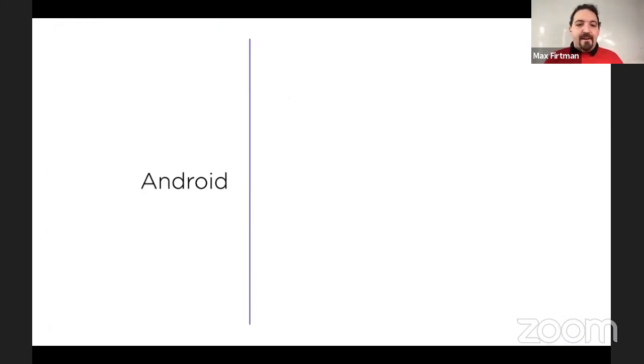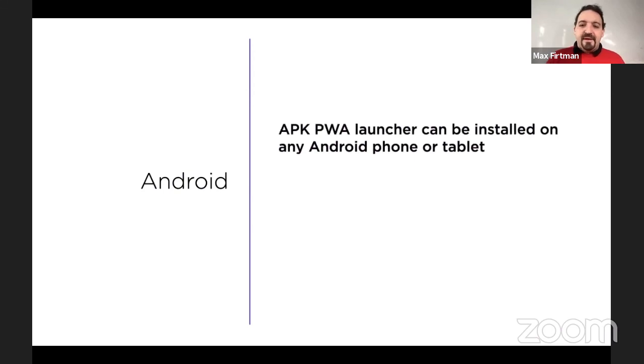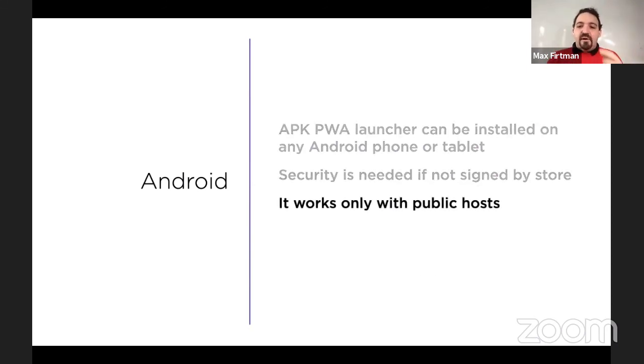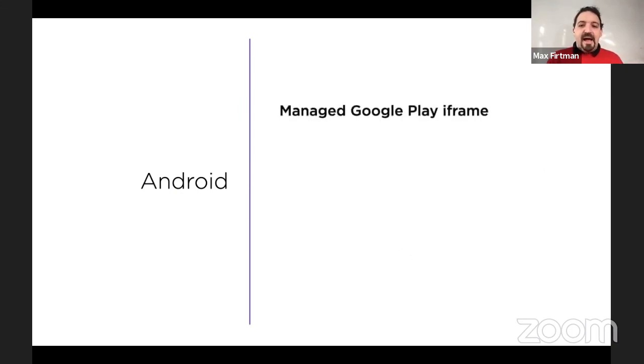Okay, so Android. On Android, a PWA launcher can be installed on any Android phone or tablet, so that's simple. But it works only with public hosts, so it cannot work with intranet. And there is a solution known as Managed Google Play iframe.